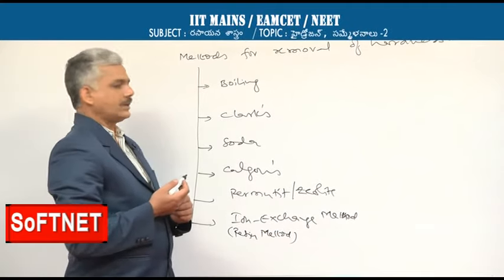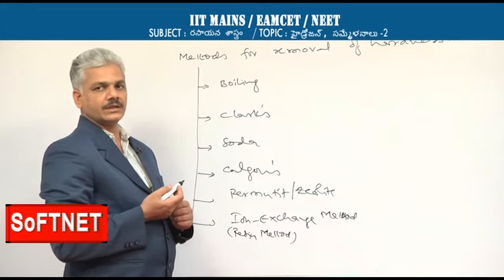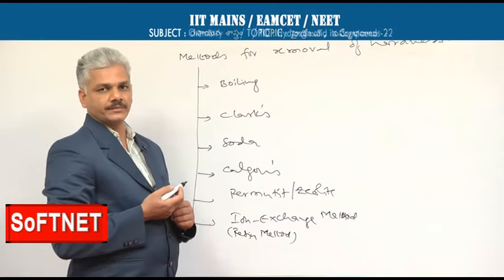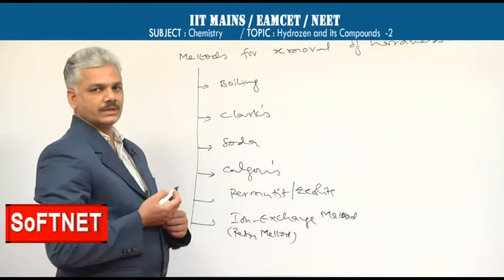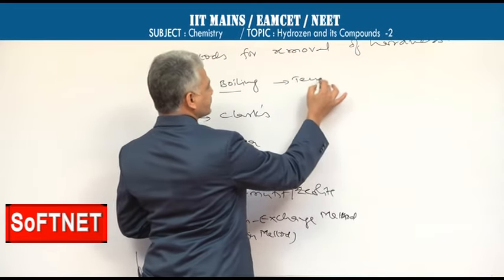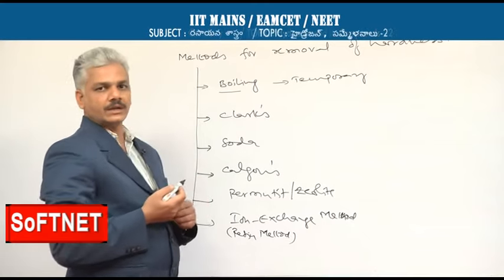Now, the boiling method. As the name indicates, in this method the hardness of water is removed by the process of boiling. The limitation of the boiling method is that it can remove only temporary hardness but not permanent hardness.